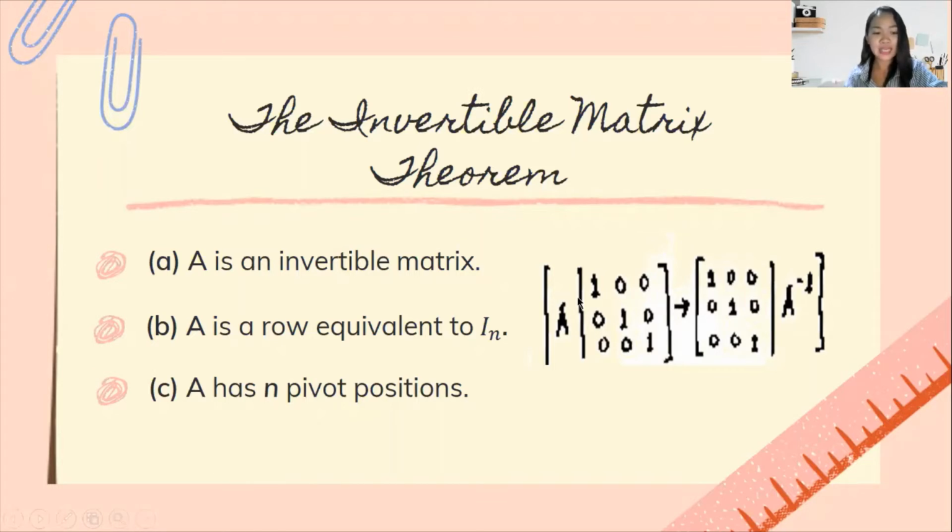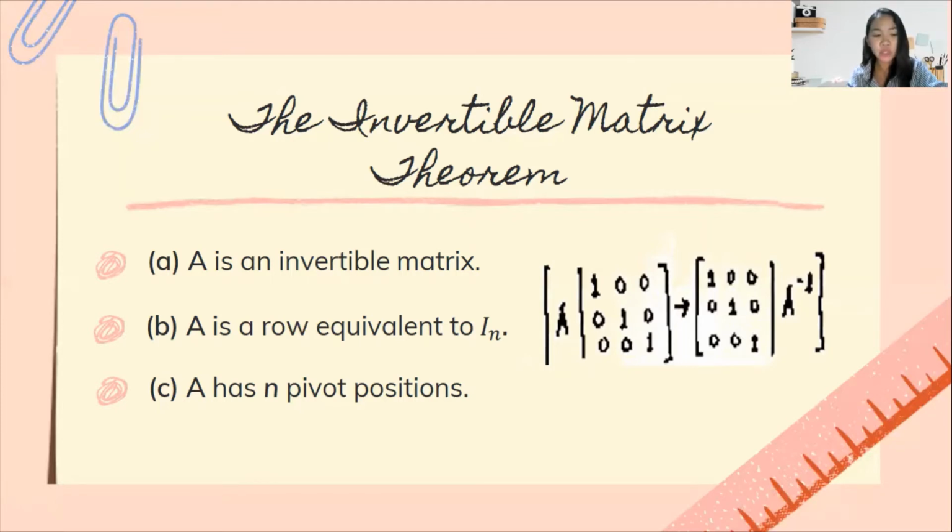In this case, we use a 3 by 3 as an example. Then we row reduce, and if you are able to turn the left side of the augmented matrix into the identity matrix, then the right side, through those row operations, becomes the inverse.